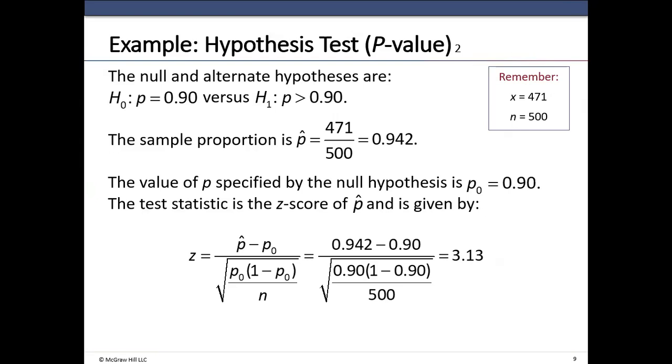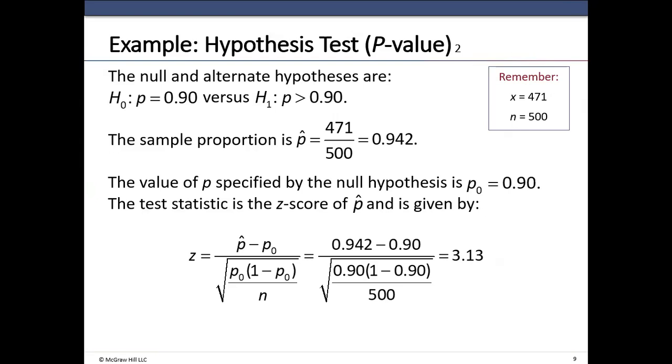Then divided by. Remember, we have a square root. To get the square root in the denominator, after the division, we press the second button on the top left, and then the x square button, which is halfway down in the first column, that gives us the square root. Inside the square root, we are going to put p0, which is 0.9.